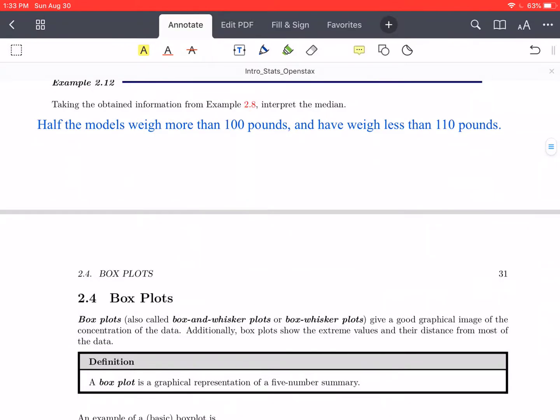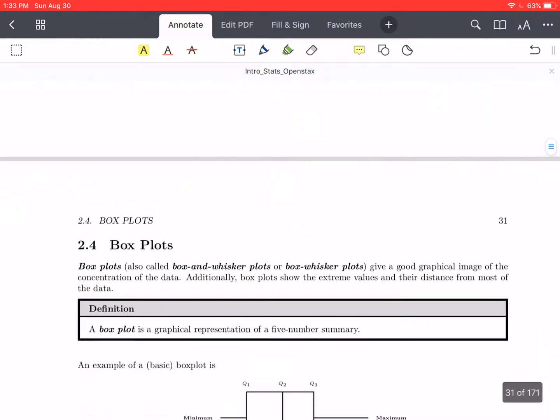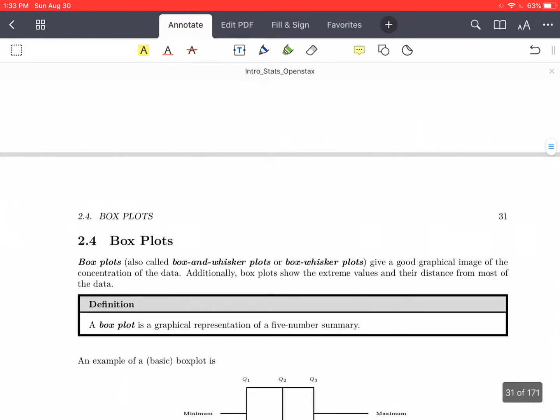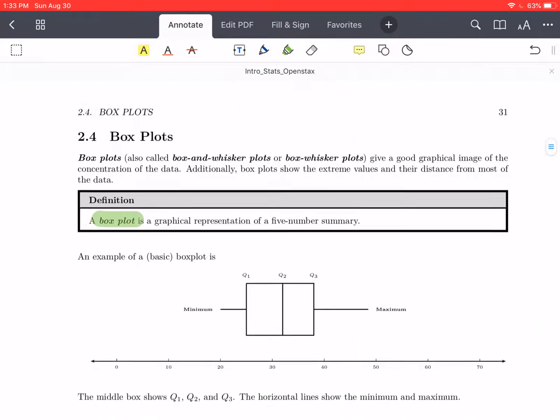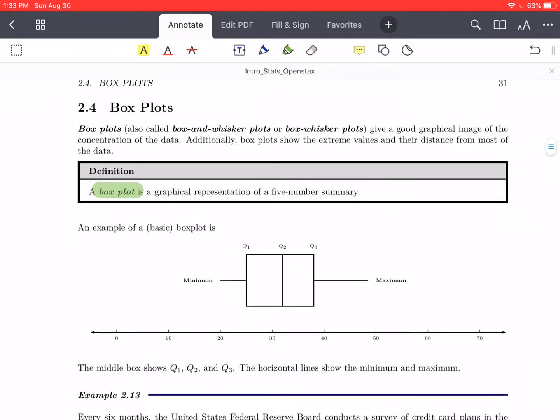So now, heading into section 2.4, we're still talking about quartiles, the median, and the interquartile range, but we're going to look at how we can visually represent these values, and that is using a box plot. A box plot is a graphical representation of a 5-number summary. It's sometimes called a box and whisker plot. This is what a box plot looks like.